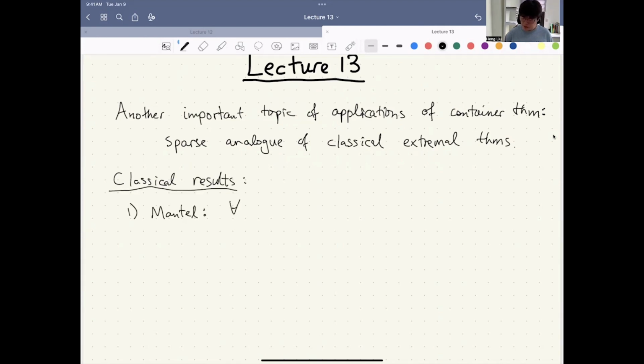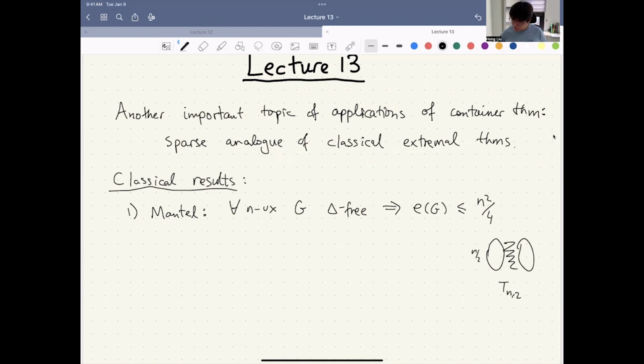Mantel says for any n-vertex graph G which is triangle free, we know it must have E(G) at most n squared over 4, and this n squared over 4 is optimal because of this two-part graph T_n,2 with n over 2 vertices on each side and all edges going between.